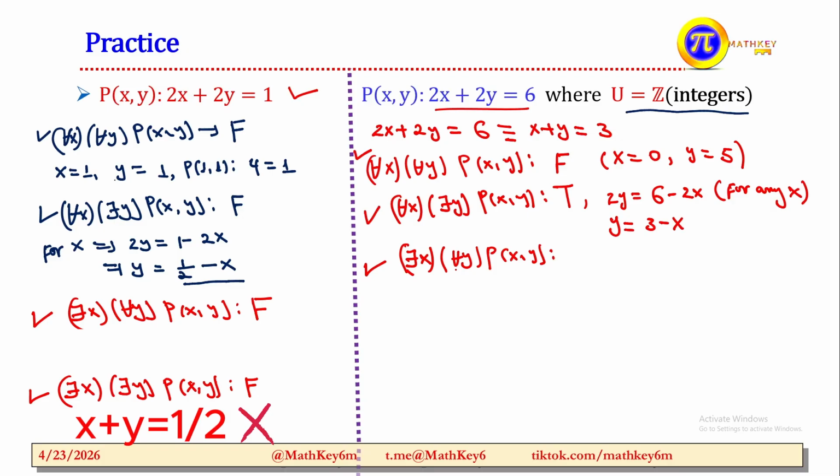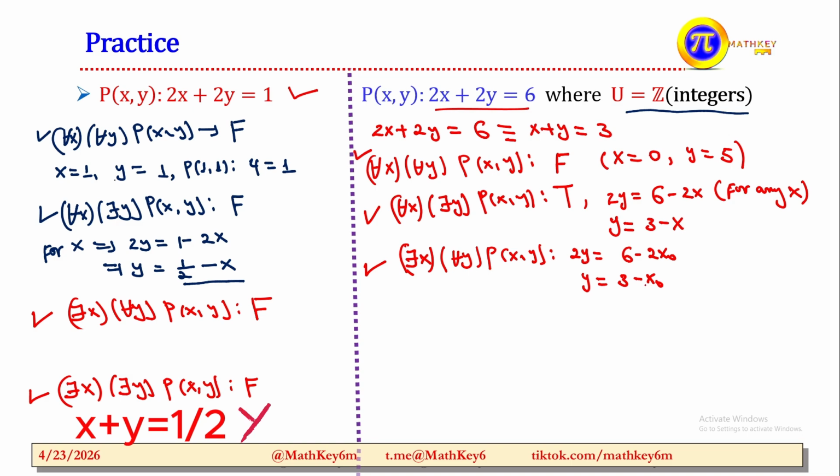This means 2y equals 6 minus twice x naught. You'll try to find at least one x that satisfies for all y. This shows that y equals 3 minus x naught. For instance, as we said, x naught is 3. 3 minus 3 is 0.